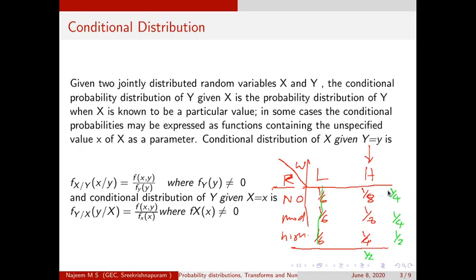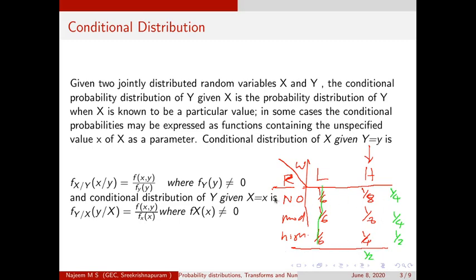Please note that this ratio is the same as the earlier ratio, and the only difference is that the sum of these values will be 1. So this is exactly what we are doing to calculate. There is an equation: the conditional distribution f of x given y equals f of xy divided by f_Y of y. f of xy is given in the body, and f_Y of y is the marginal distribution calculated here.